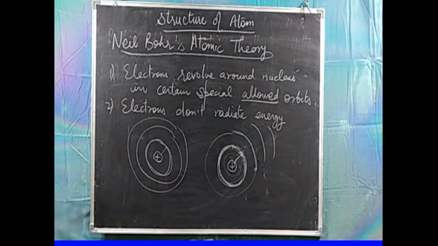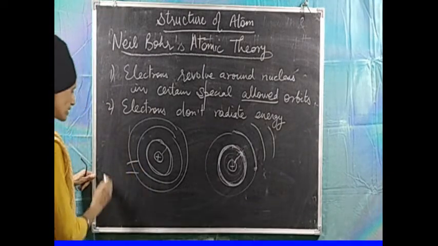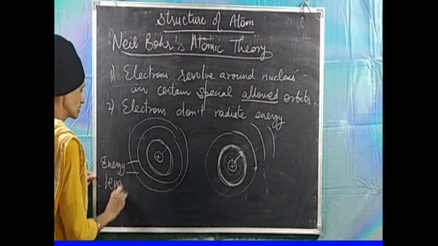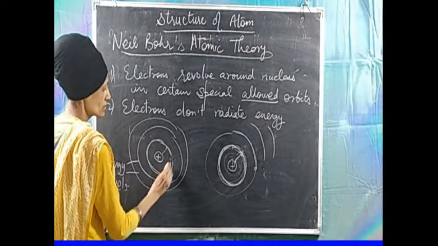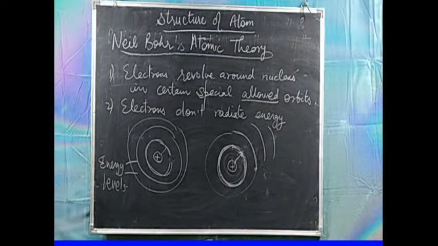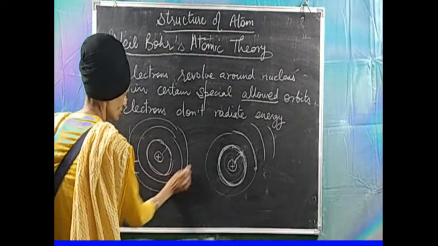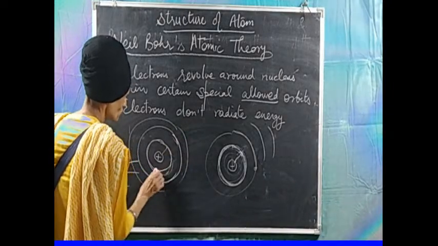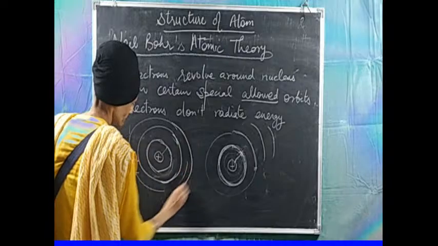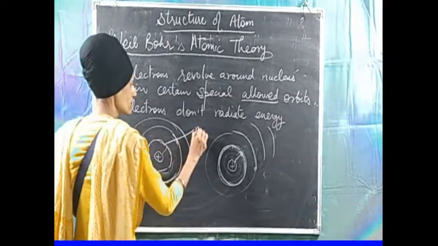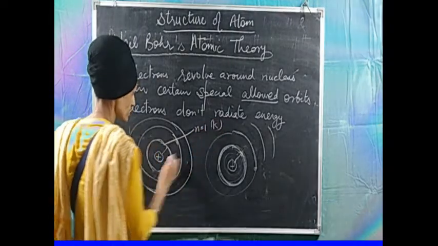Bohr called these orbits energy shells, or energy levels also, and he gave them numbers. n is equal to 1 for the first orbit, also called the K shell.